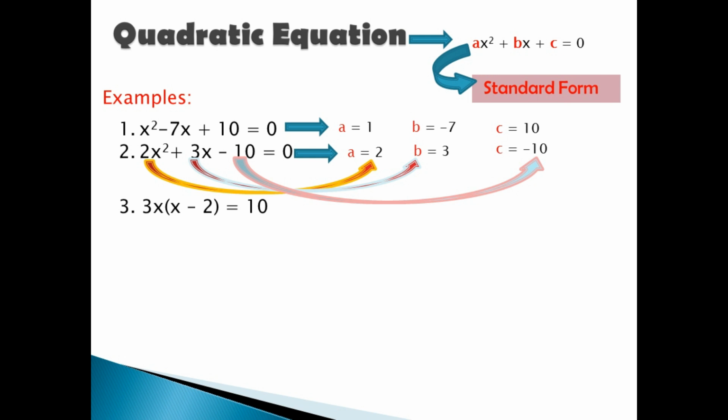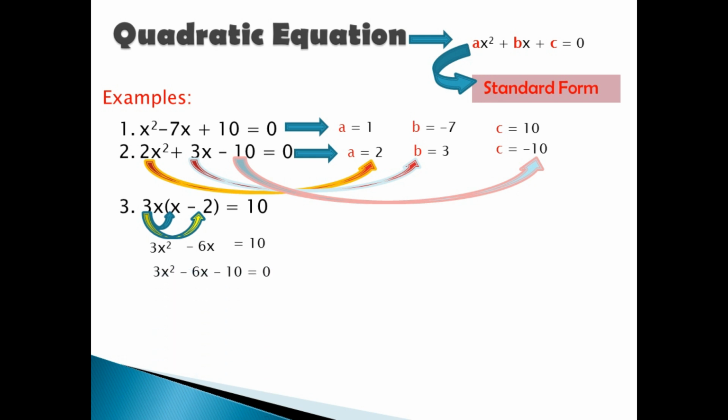3x times the quantity x minus 2 equals 10 is also a quadratic equation, but not in standard form. To rewrite this in standard form, we will multiply 3x times x, which is equivalent to 3x squared, and 3x times negative 2 equals negative 6x, equals 10.